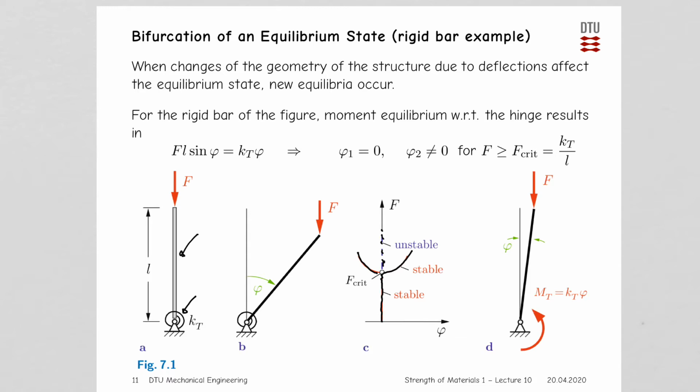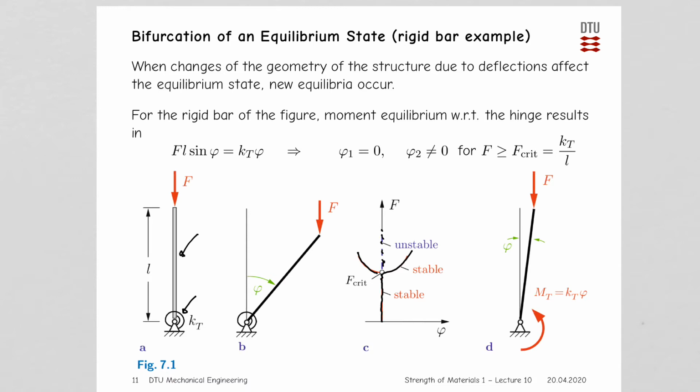So already at this point, we can ask ourselves the fundamental question: why do they actually buckle? Why doesn't the beam or rod just stay in the upright position when it is in equilibrium position, even though it's unstable? Well, the reality is that we will always have some type of imperfection in our structure. It will never be perfectly straight.